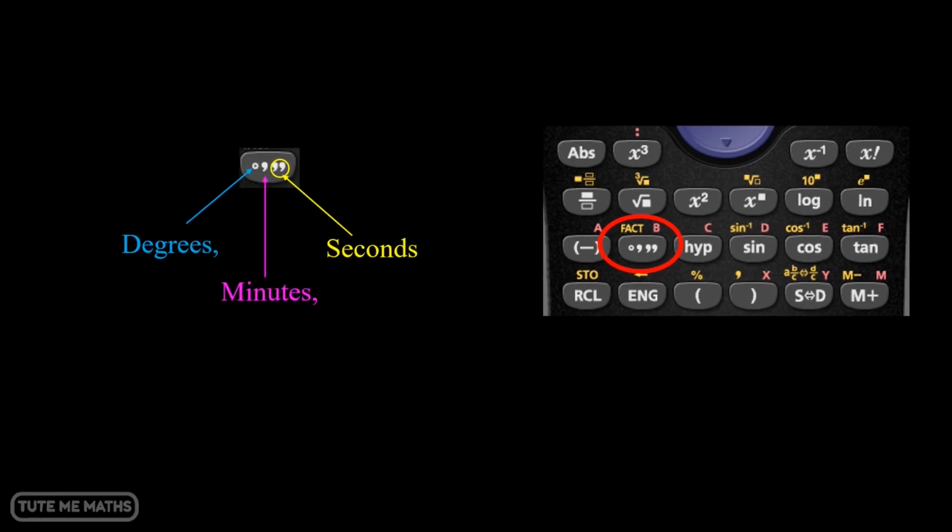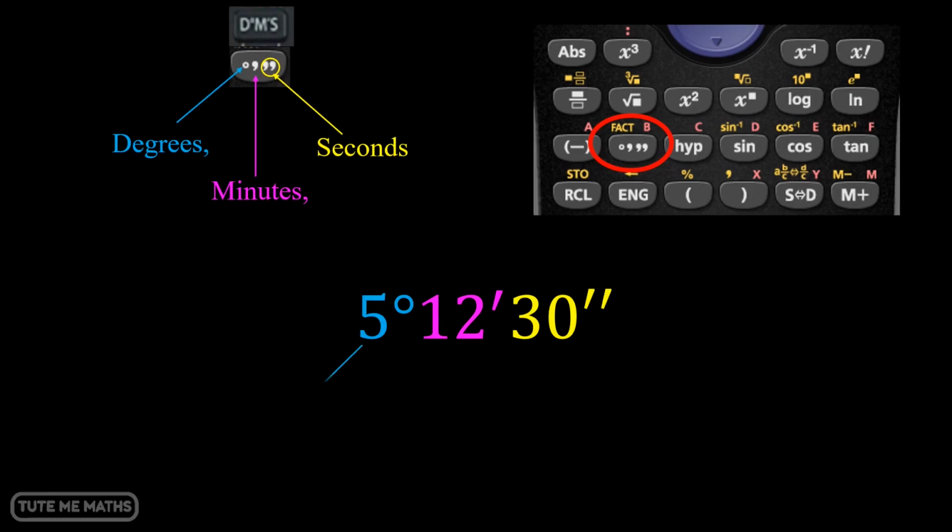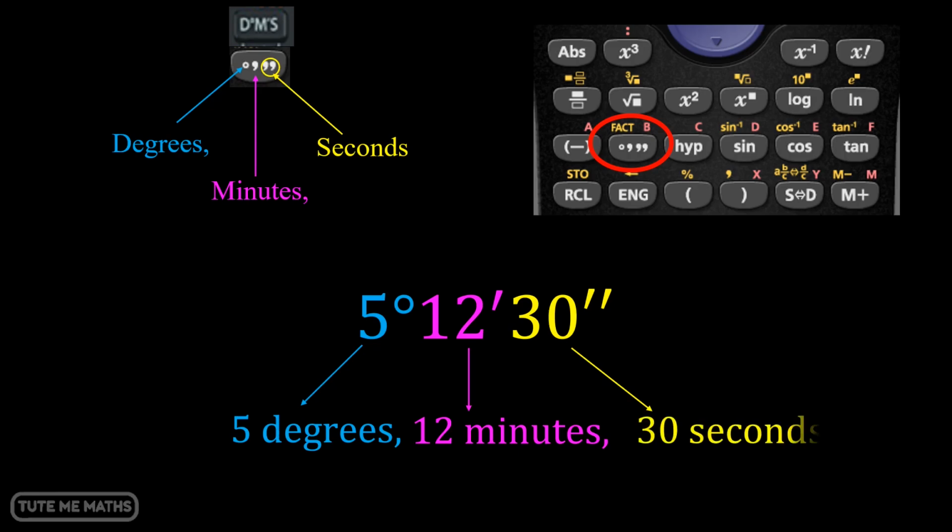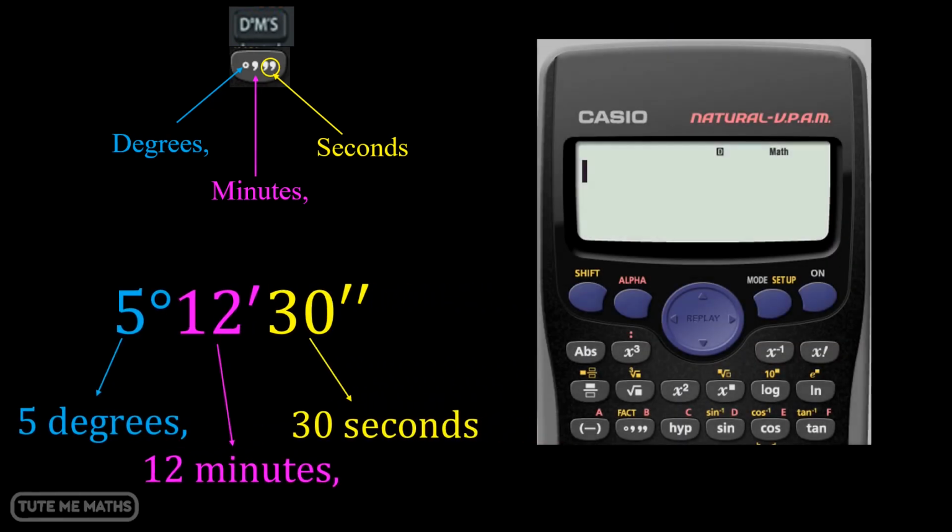This statement is read as 5 degrees, 12 minutes, 30 seconds. We will begin by learning how to enter the values correctly. To enter this example, you simply type 5, tap the DMS button, then 12, tap it again, and finally type 30 and tap the DMS again.